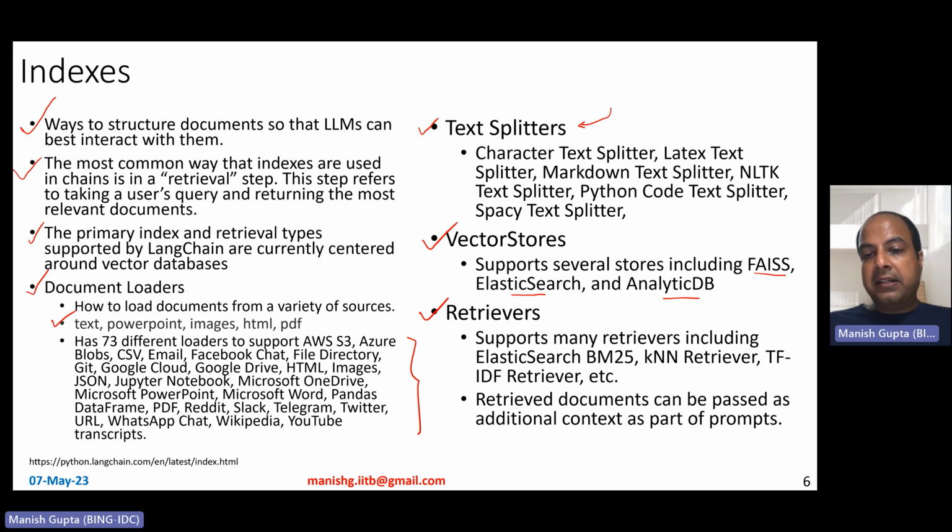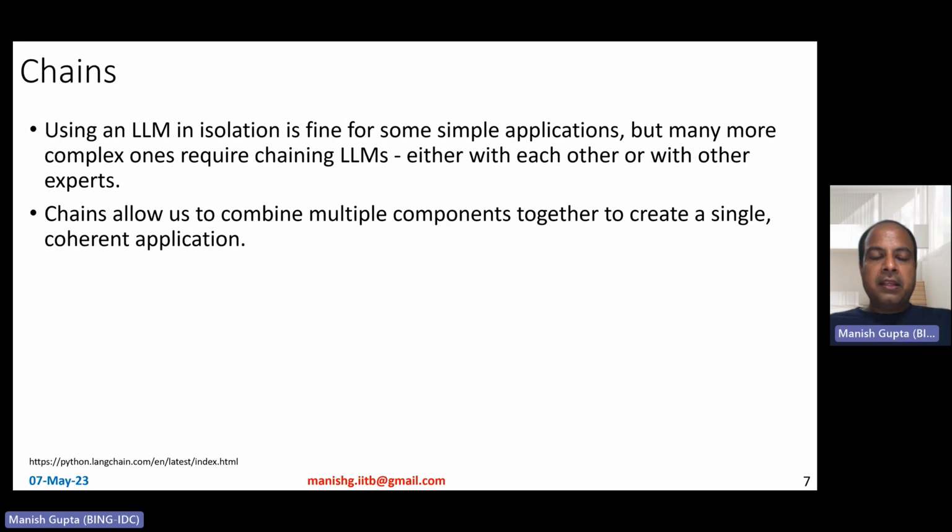Lastly, for retrieving, LangChain supports multiple retrievers, including Elasticsearch BM25, which is the most popular relevance score computation method, KNN retriever, TF-IDF retriever, so as to essentially retrieve the most similar documents given an input query. In fact, these retrieved documents can be passed as additional context as part of prompts. That is how indexes are used, typically as retrievers in LangChain.